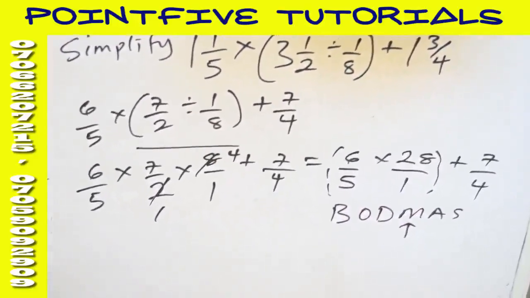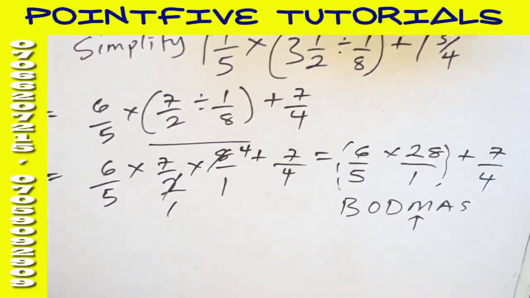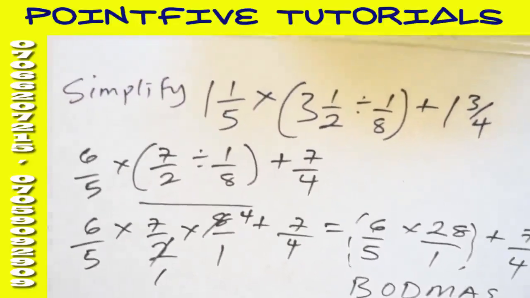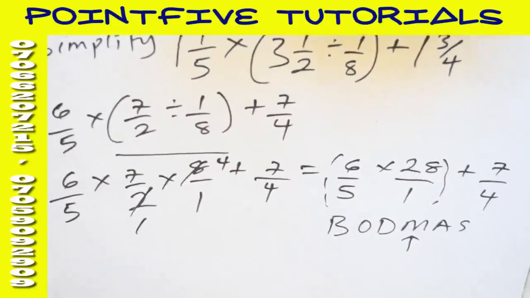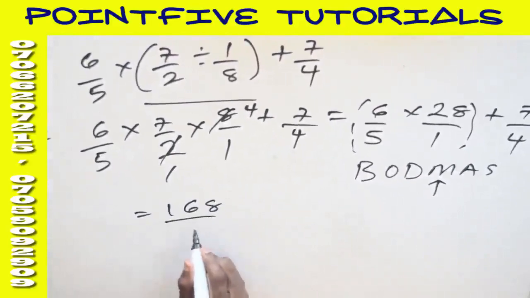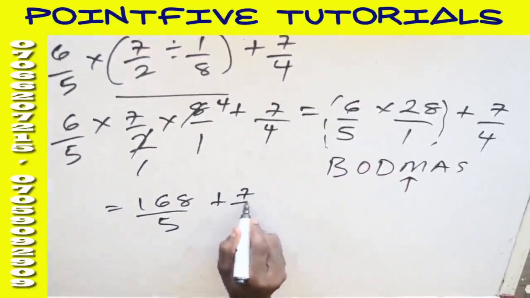If you punch it on a calculator, 6 multiplied by 28 will give us 168, all over 5 times 1, which is 5. Then with addition of 7 over this.